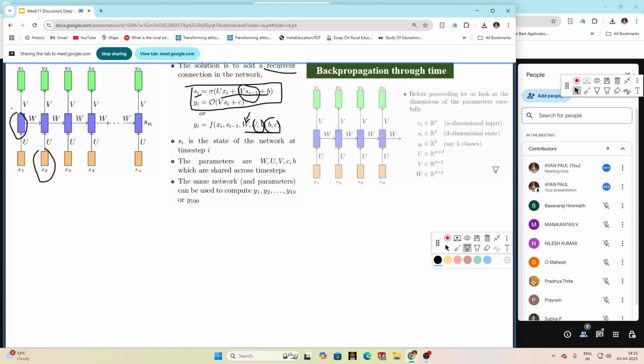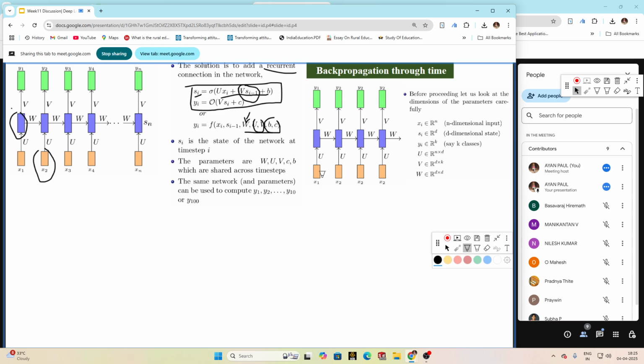Okay. So these are the dimensions. You can see x is of dimension R^n, this s_i, the hidden state, is of dimension R^d, and this y_i is of dimension k because we have k classes in the output. Now how can we get the dimensions of U, V and W?